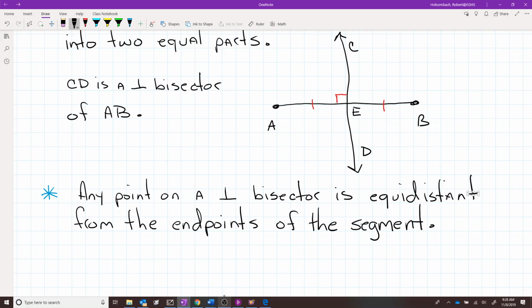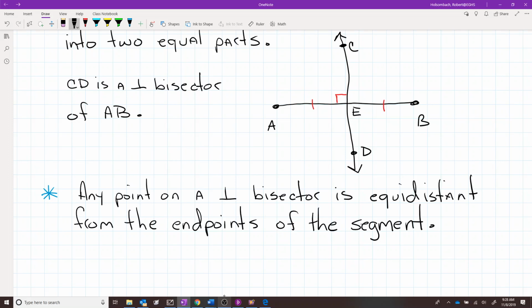So we already said that since CD intersected AB at 90 degrees and AE was congruent to EB, that made CD a perpendicular bisector. Any point on a perpendicular bisector is equidistant from the endpoints of the segment.